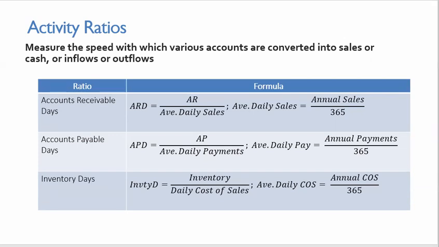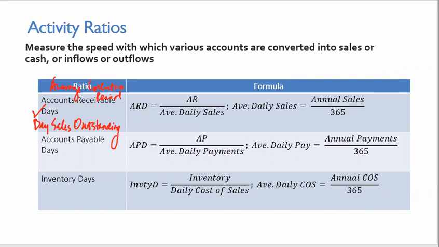First is the accounts receivable days. Sometimes it's called the days sales outstanding. Sometimes it's called the average collection period. So maraming tawag sa kanya, depende sa book. How do we then compute the average accounts receivable days?